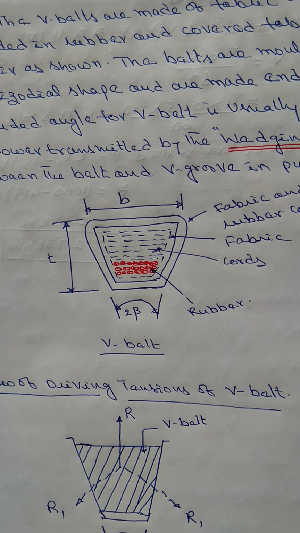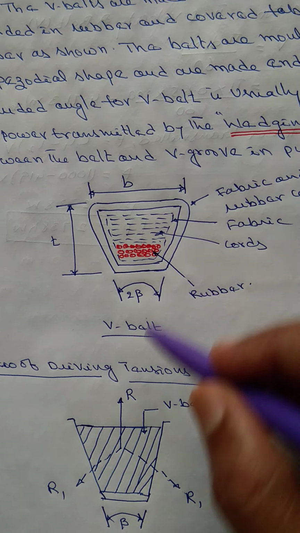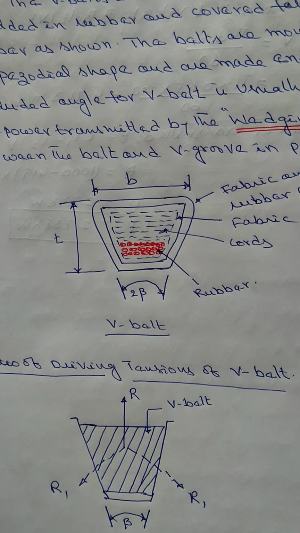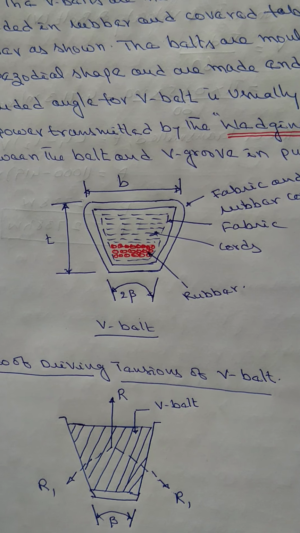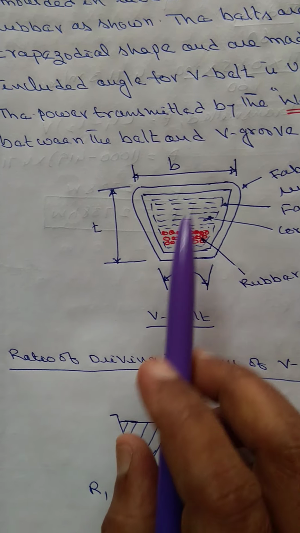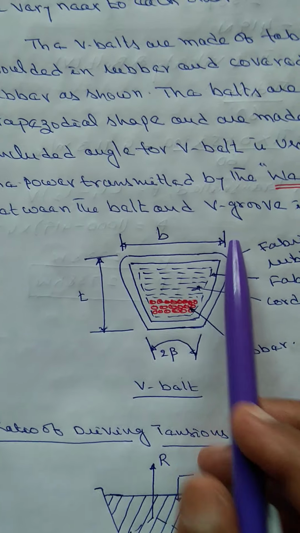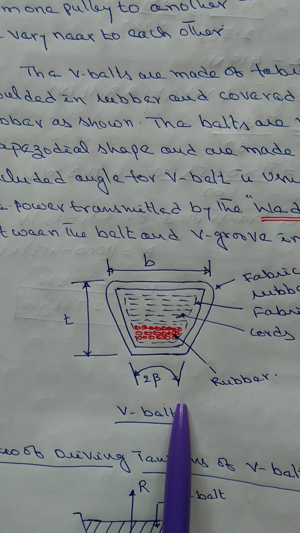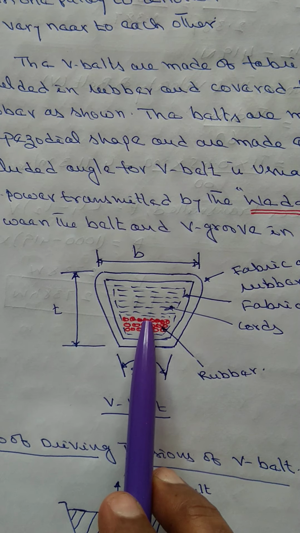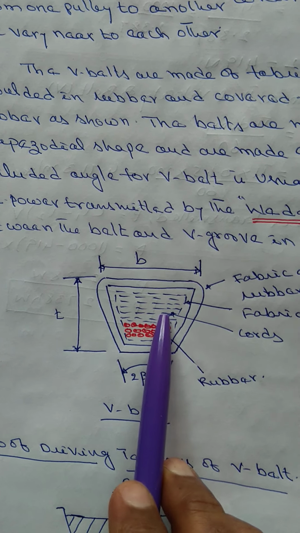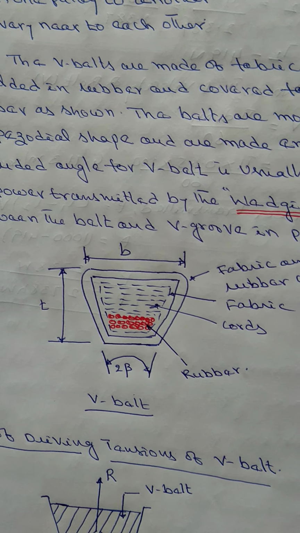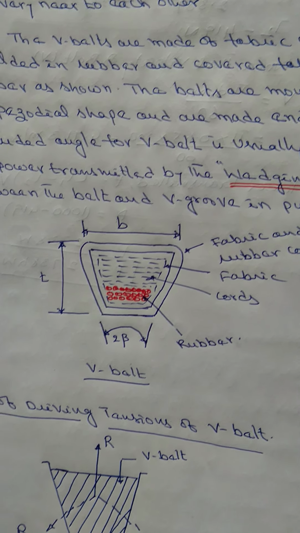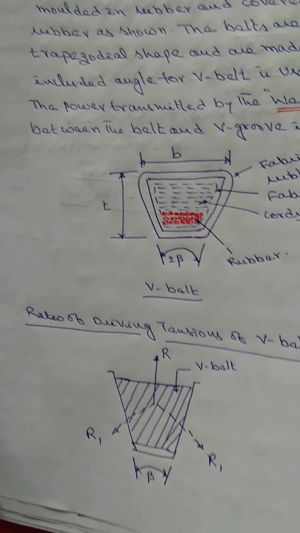The power is transmitted by wedge action, which is why it is called a V groove pulley or sheave. Now we will see the different parts of the V belt. This is the breadth, this is the thickness, this is the angle. There is rubber, fabric and cords, with a fabric rubber cover on the top.